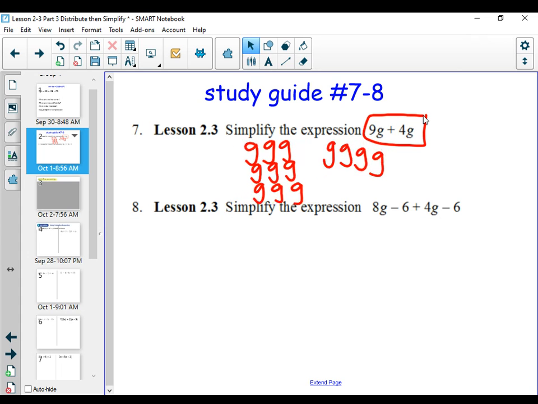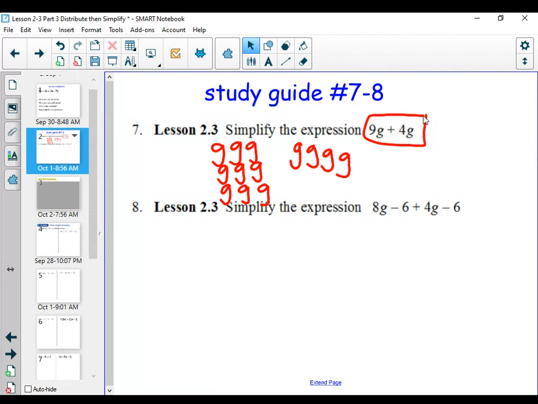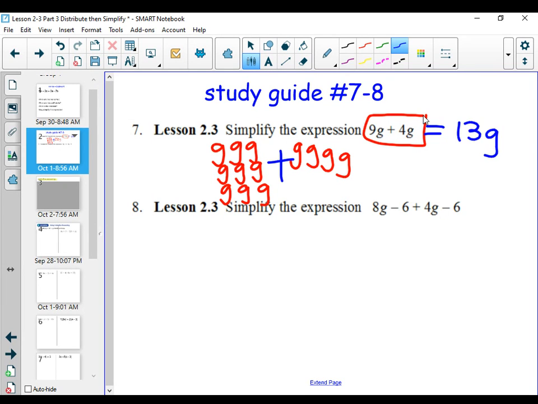And since they all look the same, we can just add them all together, giving us 13 G's. 9 gorillas at one zoo, 4 gorillas at the other zoo, 13 gorillas all together.